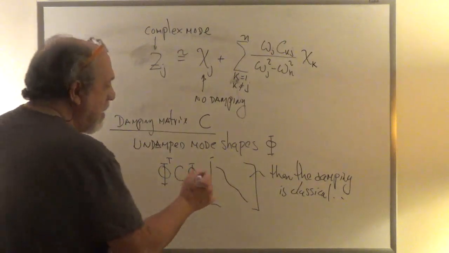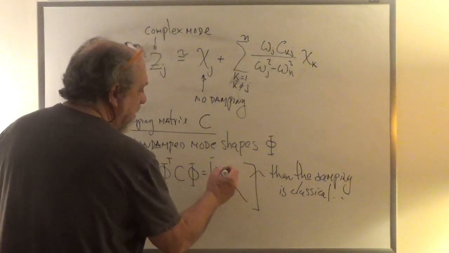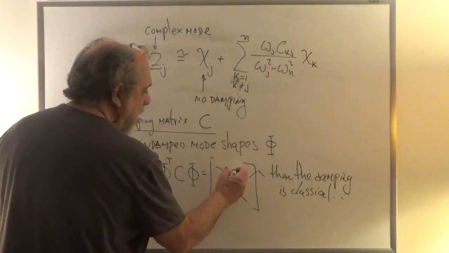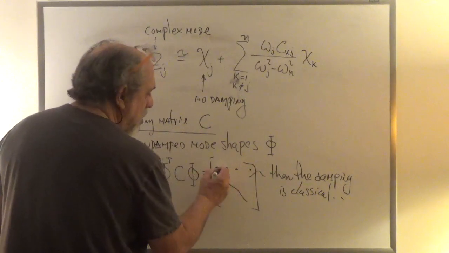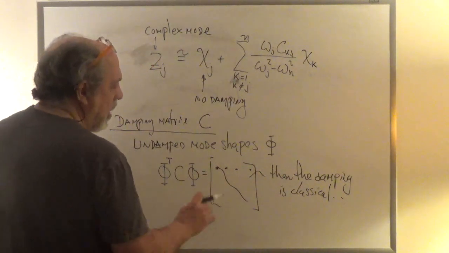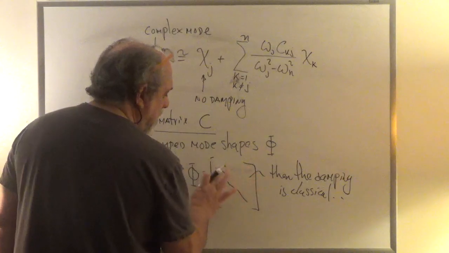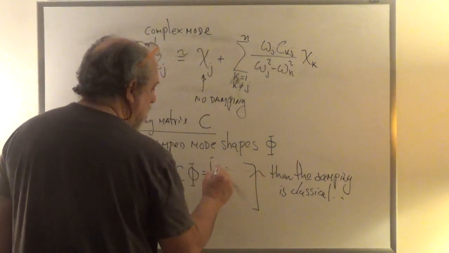What happens if the damping is not classical is that these terms are not zero, right? So let's say, for example, that this was a 3 by 3, otherwise I get confused.